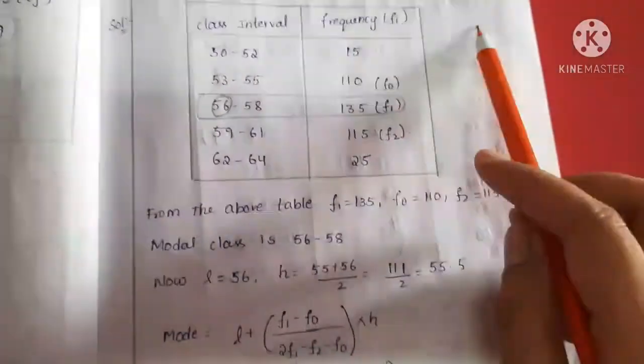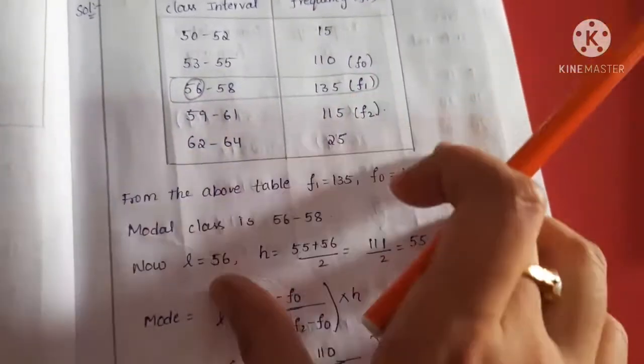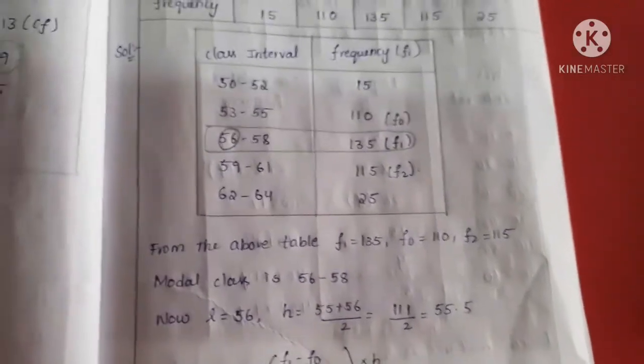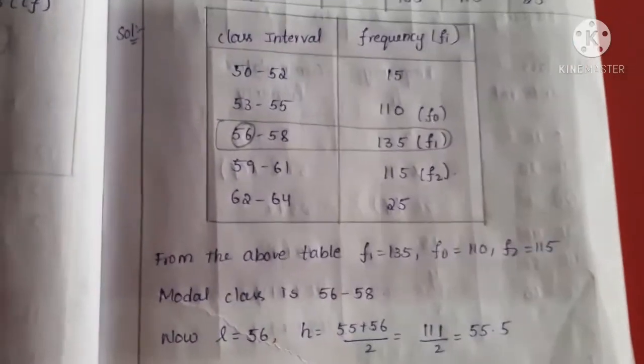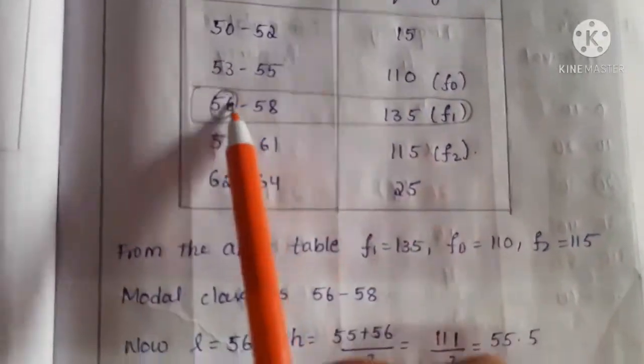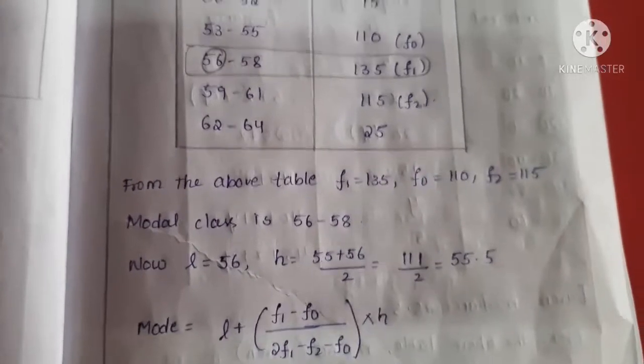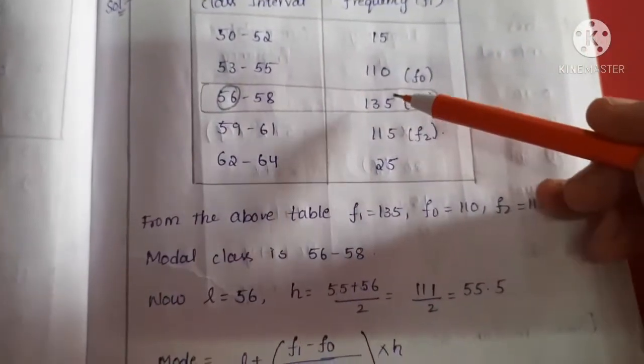To find the mode, you need no extra columns. Just write the class intervals and frequencies in vertical form, as a table: 50 to 52 with 15, 53 to 55 with 110.